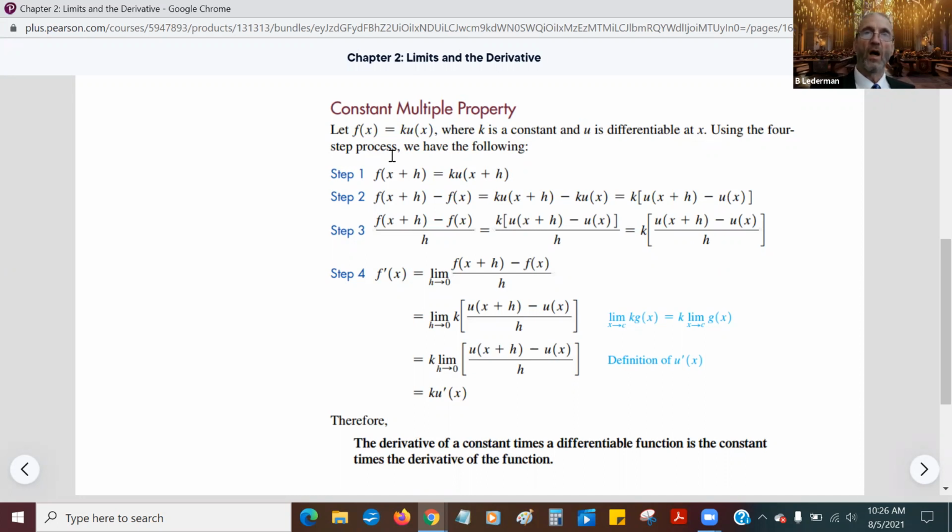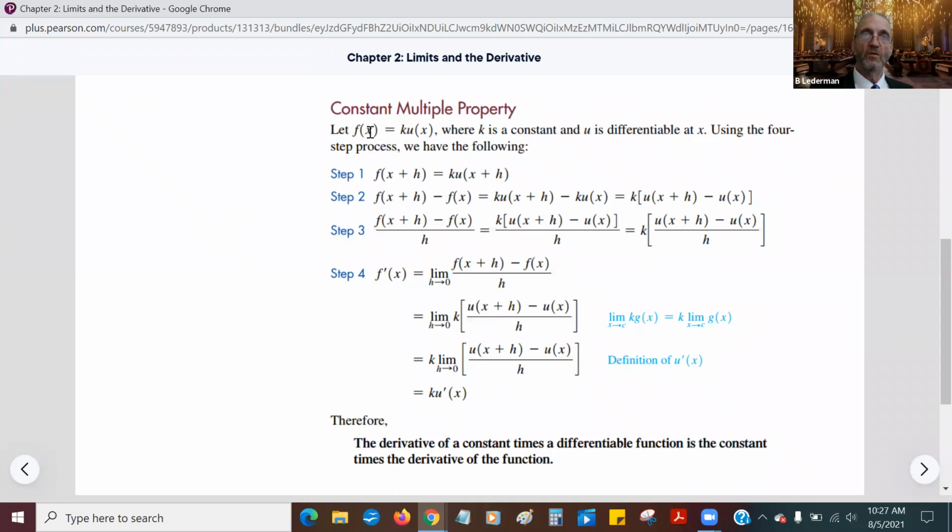Notice if you go through this whole process, you wind up having an extra factor of k, which can be pulled out, even when I put it in the giant fraction. So basically, it winds up being k times this fraction here, which is just the derivative of u. So f prime winds up being k times u prime.